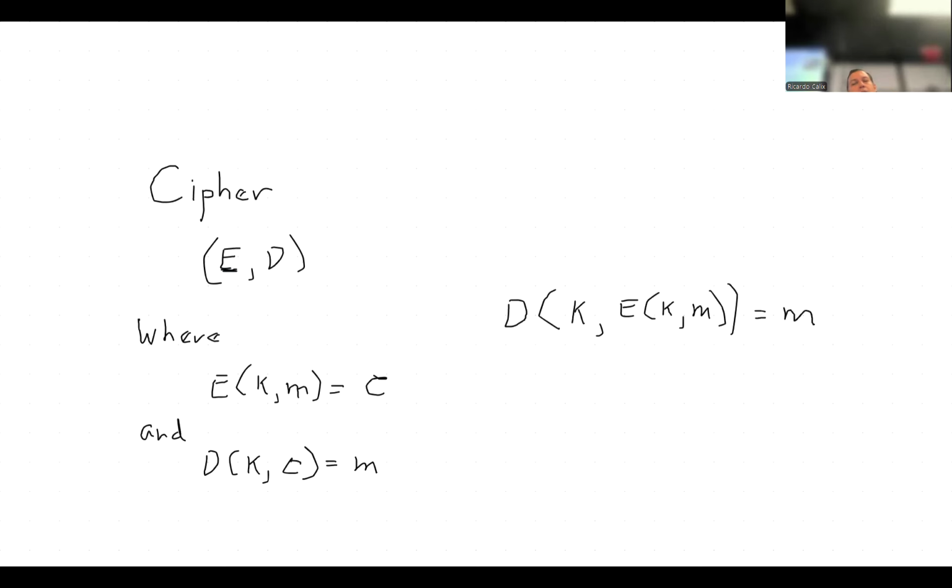All right, so you know here that E(K, M) gives you the cipher, and then D(K, C) gives you M. All right, so this is called a consistency equation. So a cipher is defined in this way, okay? It needs to have this relationship that you always get your M.